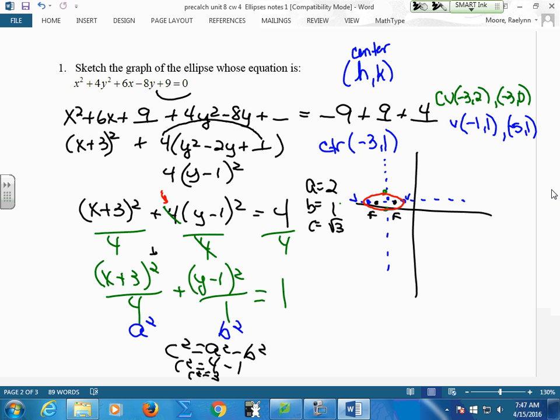So if you take your x value, negative 3, plus or minus radical 3, this will give you your foci. This guy is your major axis, because under x is the larger one. So off of the center, negative 3, it's going to move radical 3 to the left, radical 3 to the right.